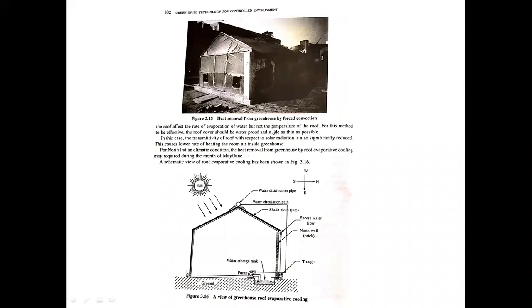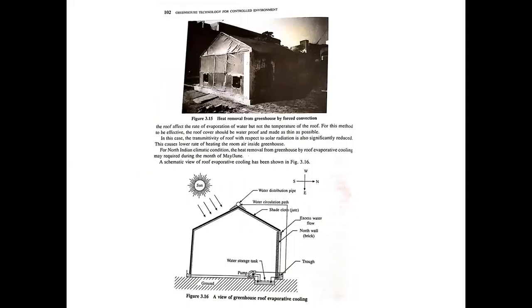These gunny bags cause the greenhouse air to convert into cool air by coming in contact with them, as the heat is dissipated from the greenhouse air or the roof of the greenhouse by the gunny bags. Okay, so this method can be useful where there is no water scarcity. Plenty of water is available, so as to spray or spread the water throughout the roof.